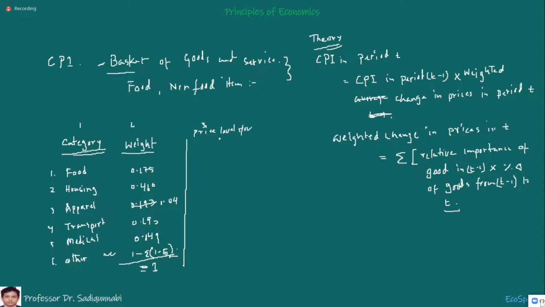Suppose we are in 2020, and this is 2021, so this column is divided into 2 years.